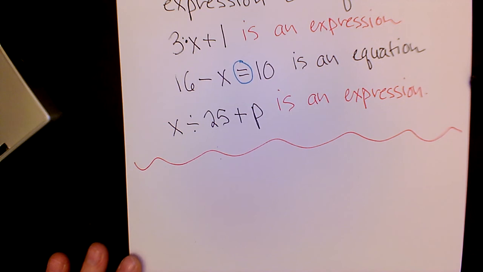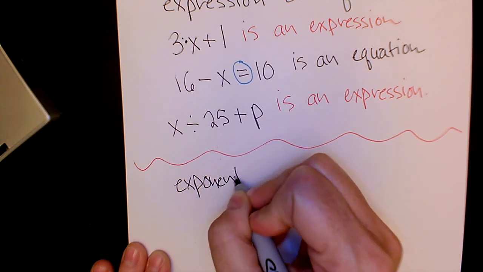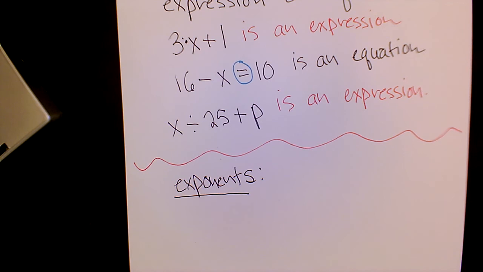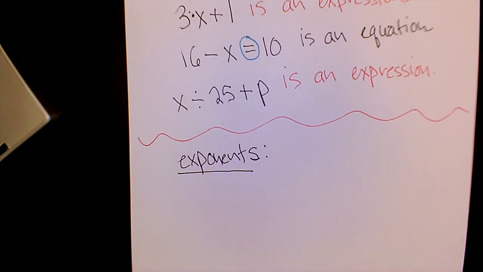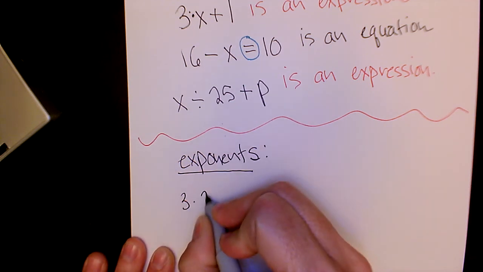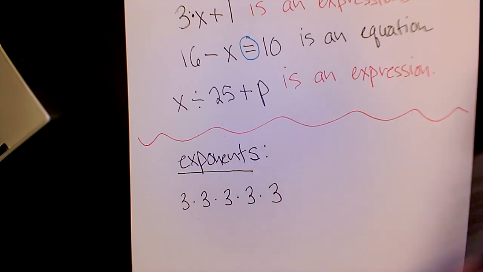So we've got two things to go in 2.1. We have exponents. Do we remember exponents? Well, if I have something that looks like this, that's a lot of work to write out all those threes.